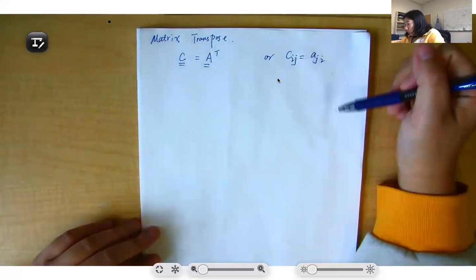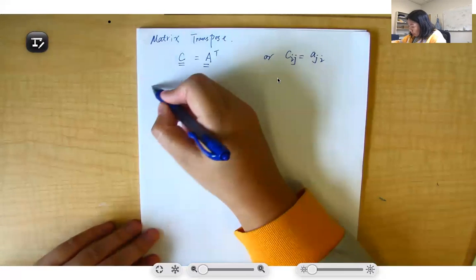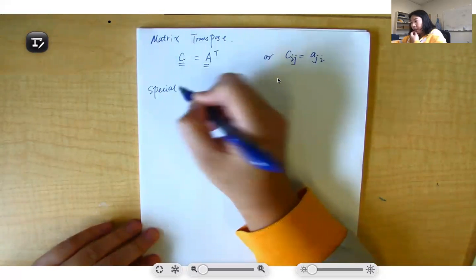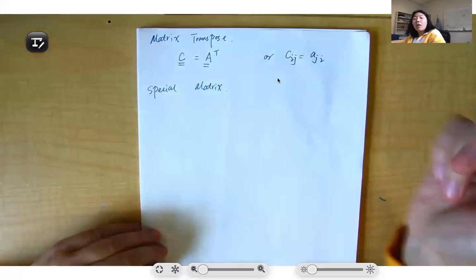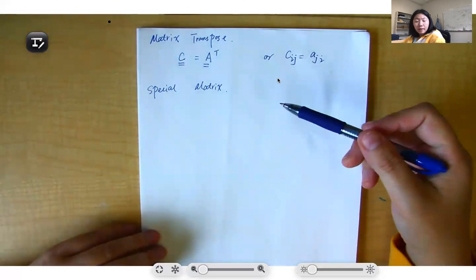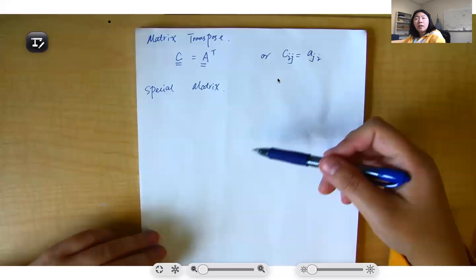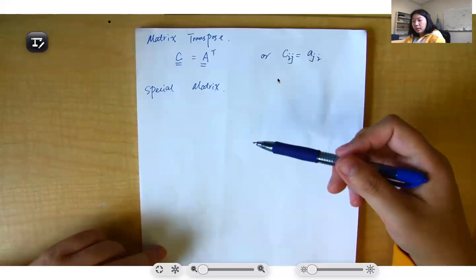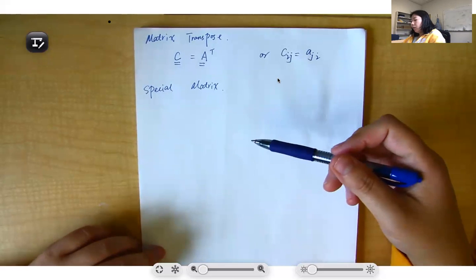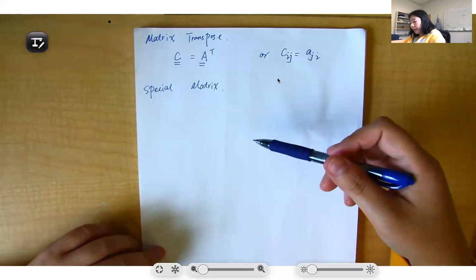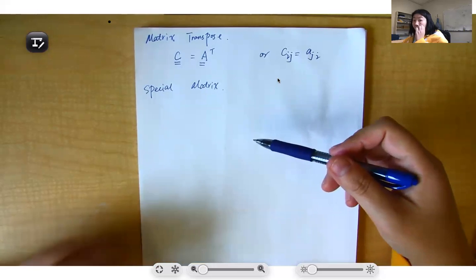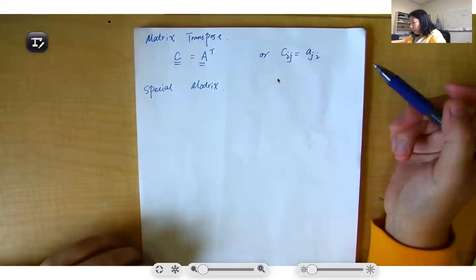That is the transpose. And there are some special matrices which are very important in our later studies, because a lot of the special matrices can help us to decrease the complexity of the operations. Or, we will use particular types of the special matrices to solve our numerical solutions. So that is very important.